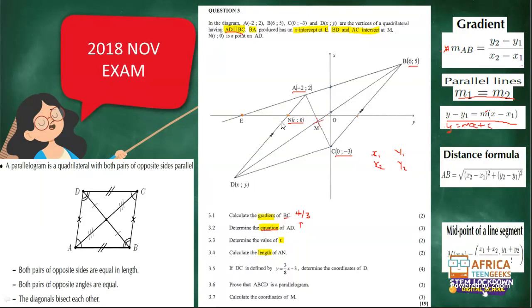Okay, remember we said from the previous question, from 3.2, we calculated the equation of the line AD, okay? And point N is the x-intercept of the line AD, okay? So you can substitute back into your equation because you have the gradient.